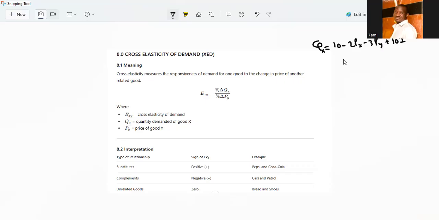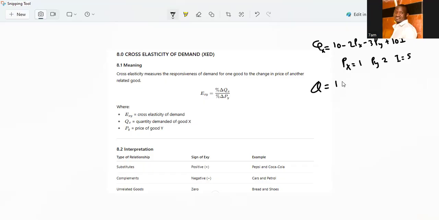Suppose we're given the price of good X is 1 kwacha, the price of good Y is 2 kwacha, and the income is 5 kwacha. What is our cross price elasticity of demand? The first thing you need is to find the quantity demanded by substituting everything in.